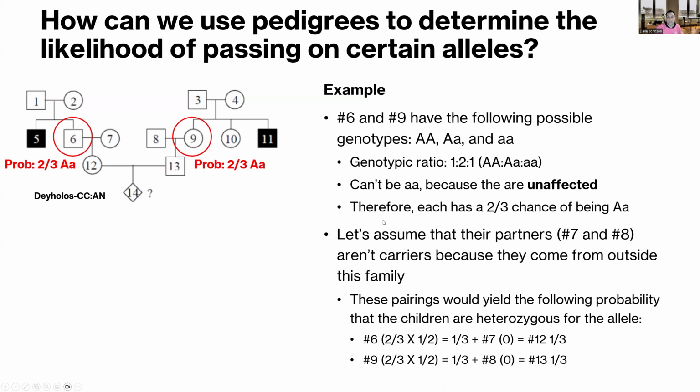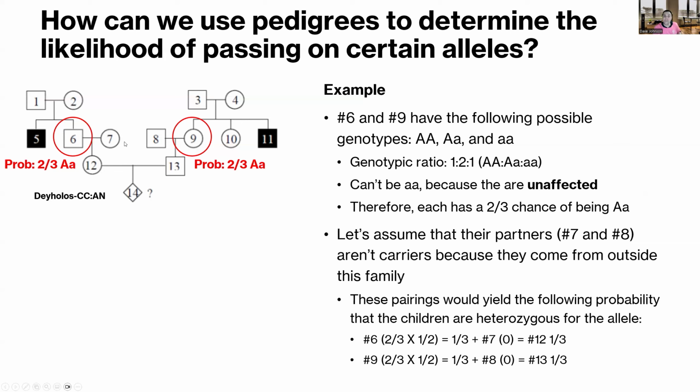So how do we look at that in terms of the next generation? Each of these parents of 12 and 13 has a 2 in 3 chance of being a carrier. But we also have to factor in that they are not the sole provider of genetic information for the next generation, because they have to mate, reproduce with somebody to make 12 and 13.